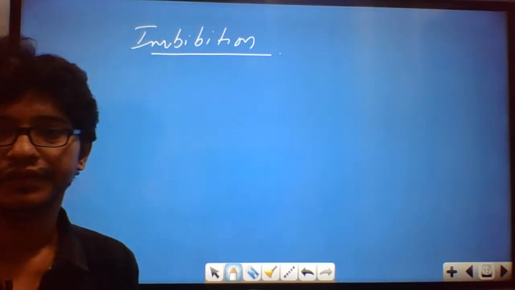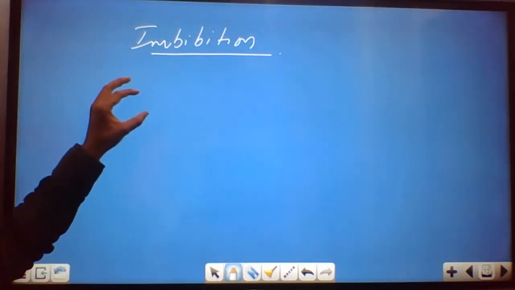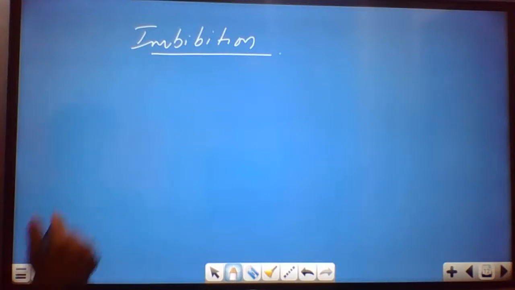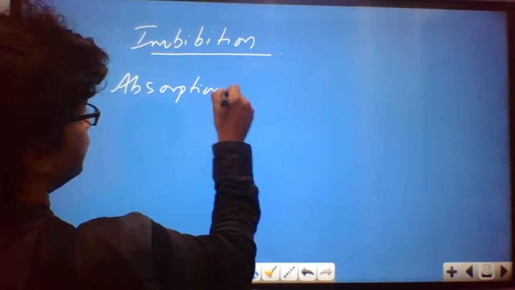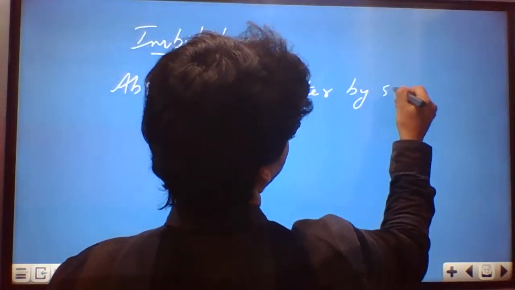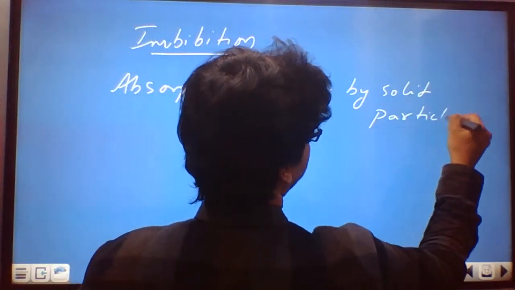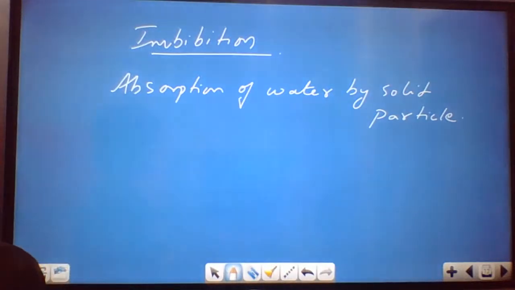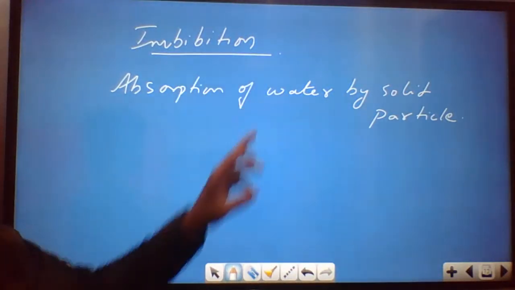Okay, so coming to imbibition. Imbibition is the absorption of water by solid particles, without forming a solution.